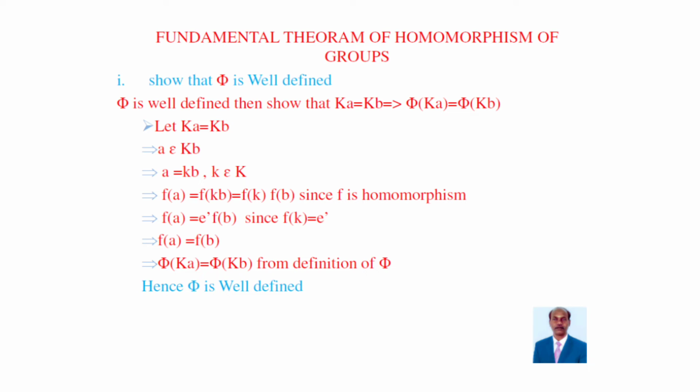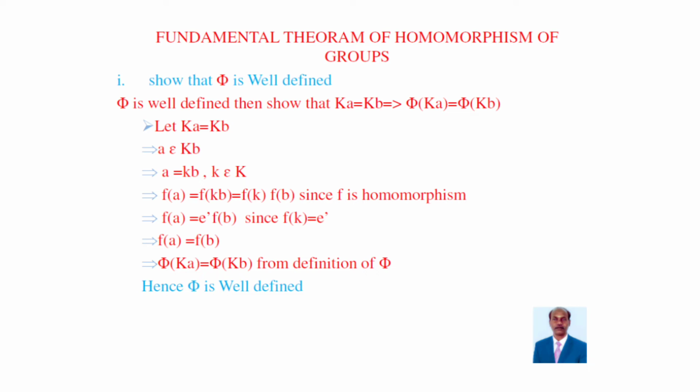Now we take the function f of a equal to f of kb. Since f is a homomorphism, we can write f of kb equal to f of k into f of b. According to the definition of kernel, f of k equal to the identity element, so f of k equal to e'. So we can write f of a equal to e' f of b. If you multiply any element with the identity, we get the same element.